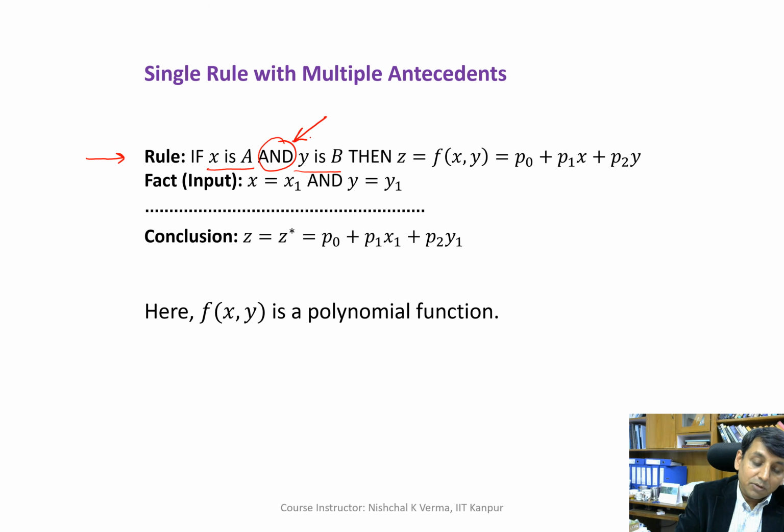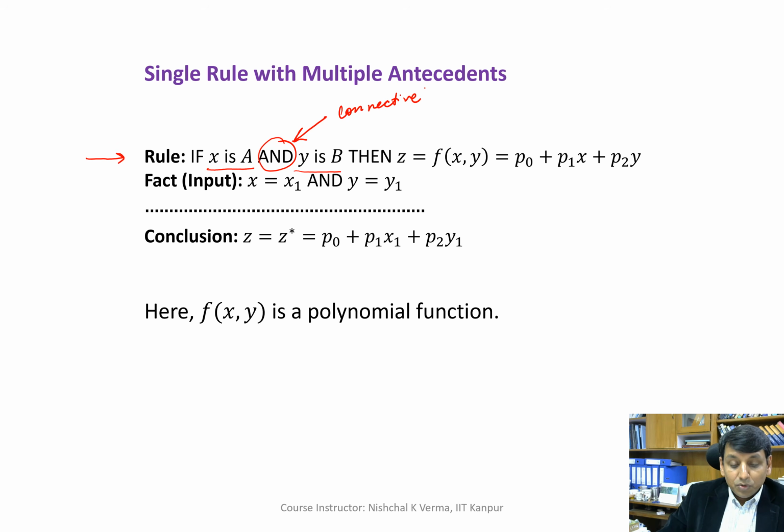And again, I would like to mention that this connective can be any connective, OR as well. Since we have AND, we will use the composition of min. If we had OR here, then max would apply as the composition.